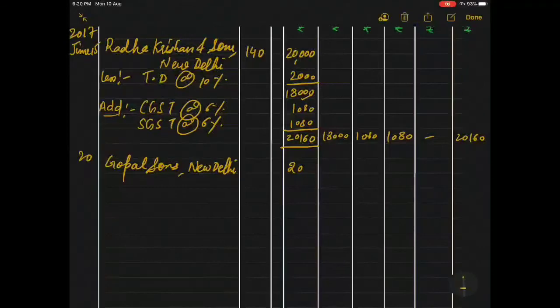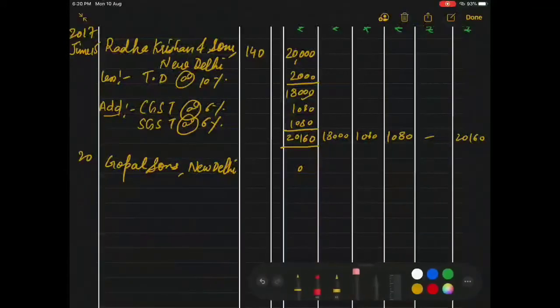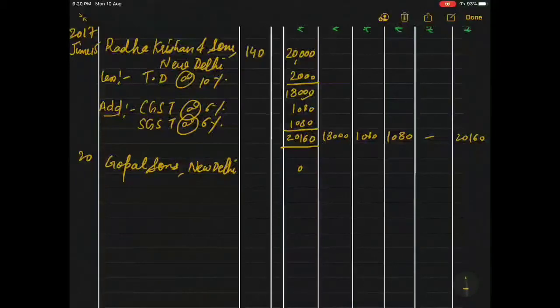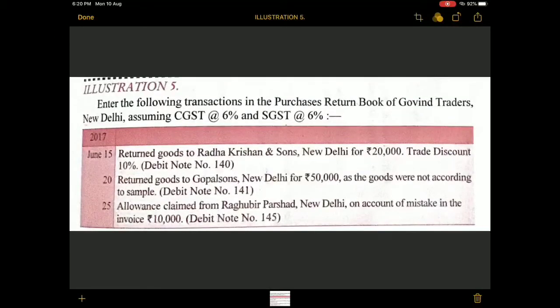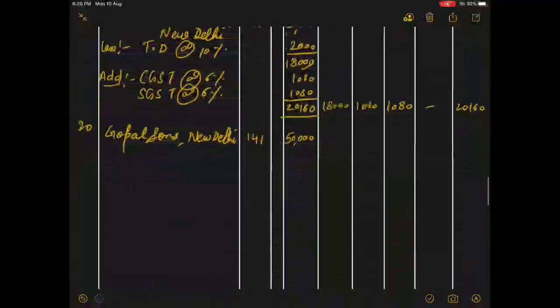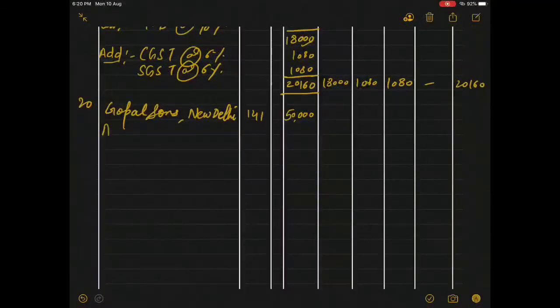Amount is 50,000 and debit note number is given, 141, and there is no trade discount given in the question. You can see on day 20, no trade discount.